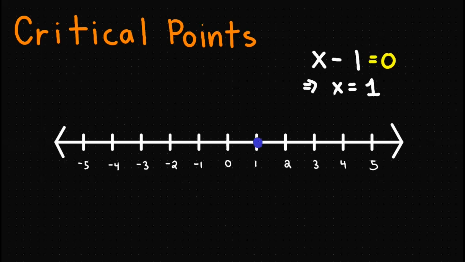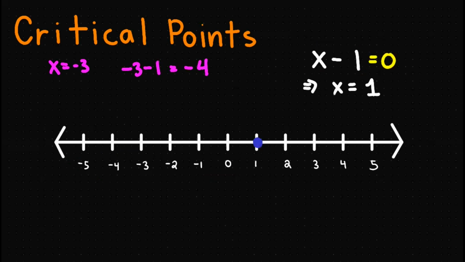So this one is the x equals 1. And observe that if we test out the values on the left side, in particular, let's try at x equals negative 3. Then plugging x equals negative 3 to this one, we'll have negative 3 minus 1, which is negative 4. So the outcome is negative.